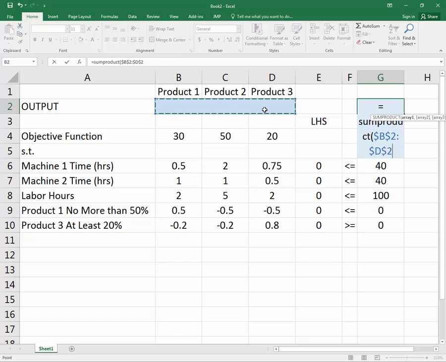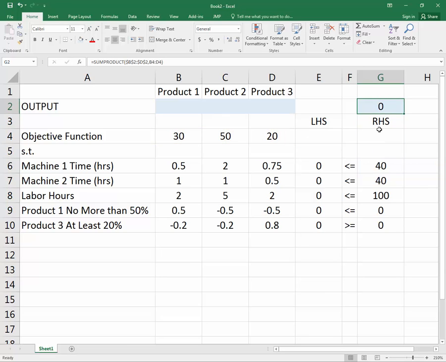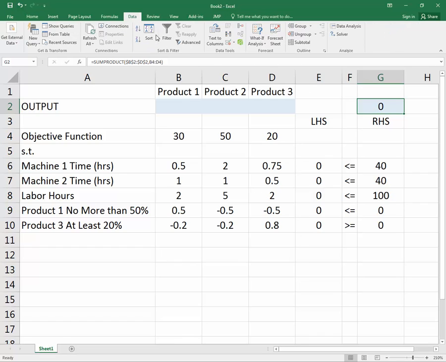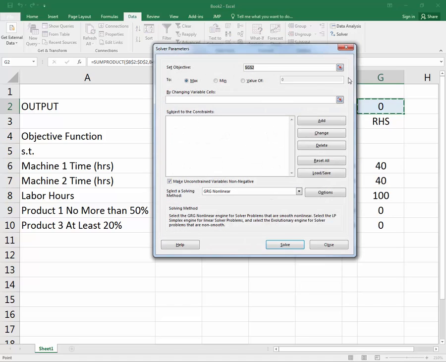These guys with this. And now we're ready to run it. It's all the structural constraints. We have 5 structural constraints. We have non-negativity, but we can take care of that in the solver dialog. Click on solver.